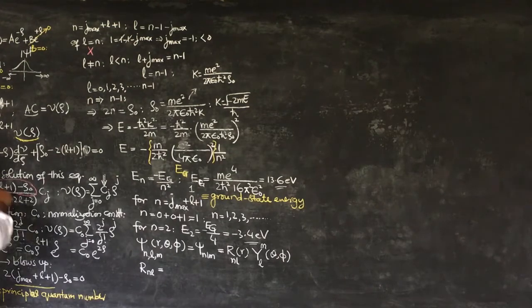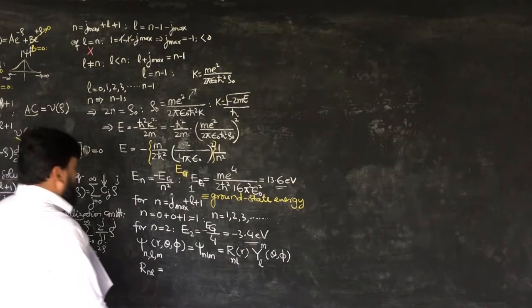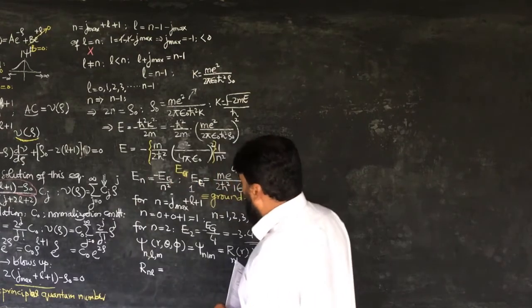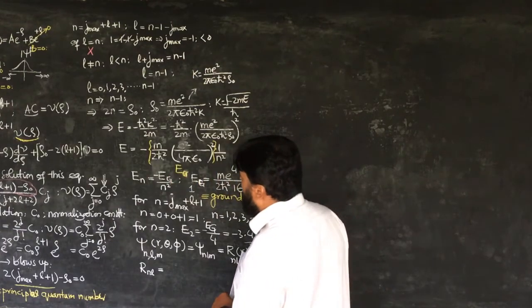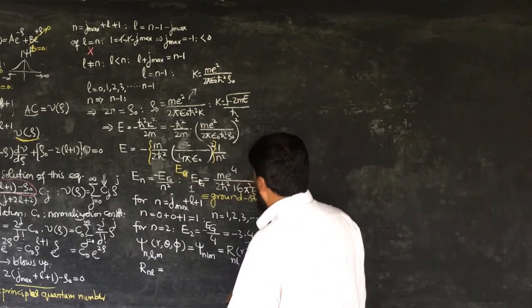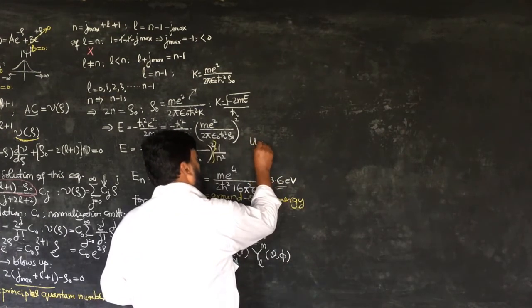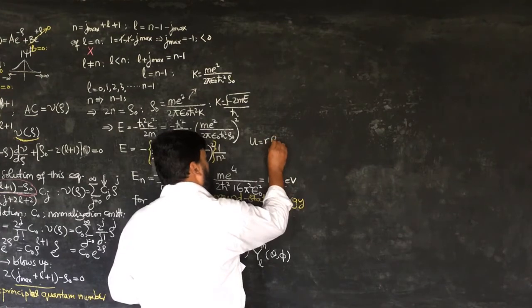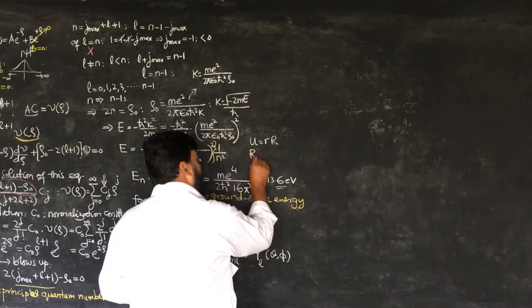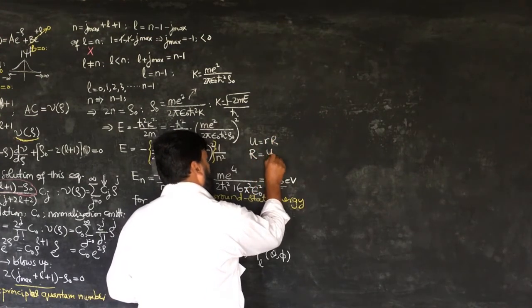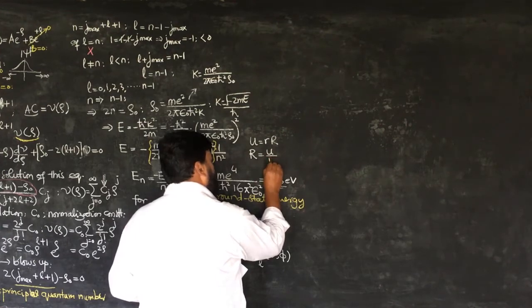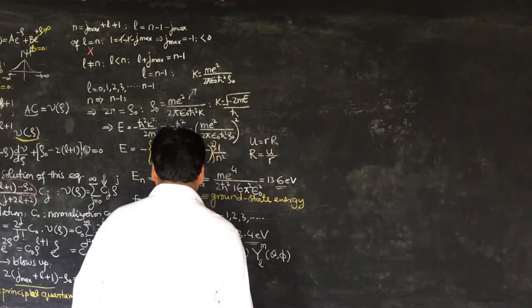The U of rho is actually, we know the relation between R and U, U was equal to rho R. So if I want to write R, then I will have to write the solution of U divided by rho.